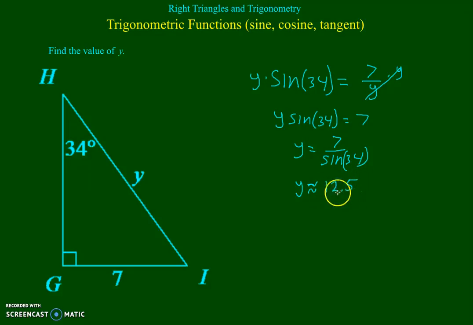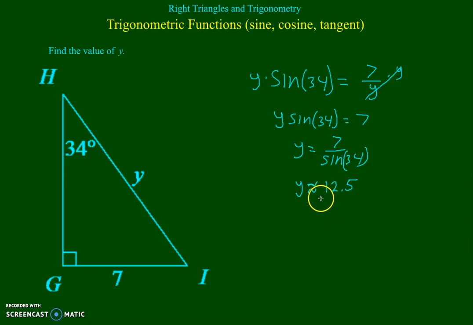These are approximate values unless we're dealing with specific angles like 30 degrees, 60 degrees, 45 degrees, things of that nature. For the most part, you're going to get odd angles and you're going to get approximate values. So your answers are almost always going to be approximately equals some number.